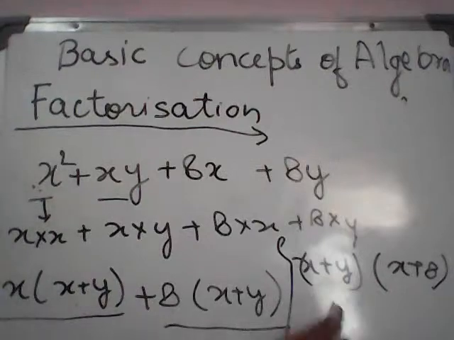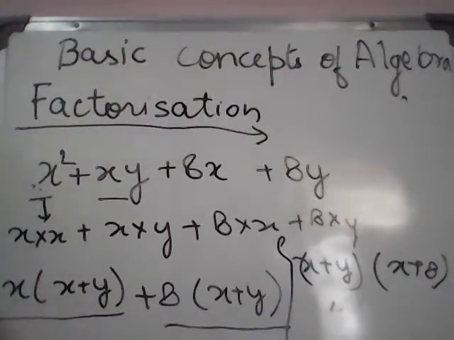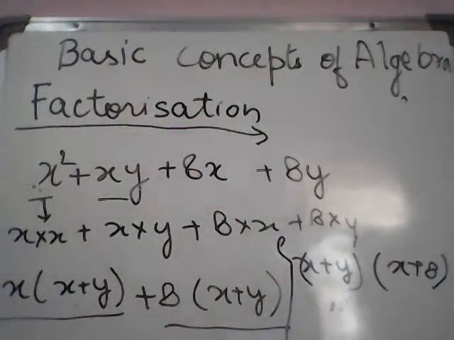The second method is when we use identities. First I'll tell you what those identities are, and then you can factorize an expression, or you can simplify these expressions by using identities.